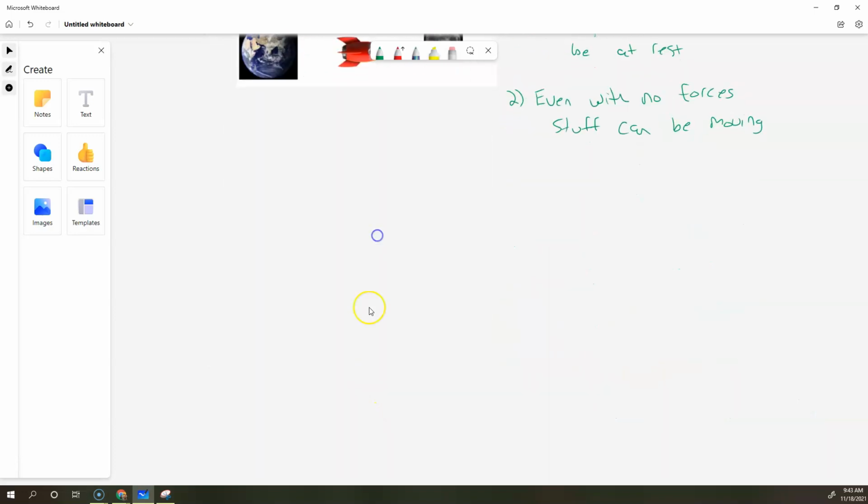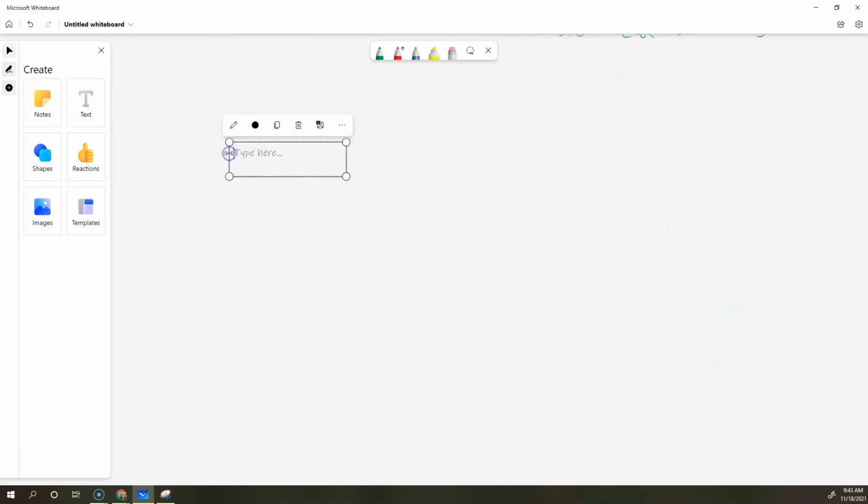So what are Newton's laws? Well, the first law we care about is that stuff does what it is already doing. That's the first law. Stuff does what it's already doing.